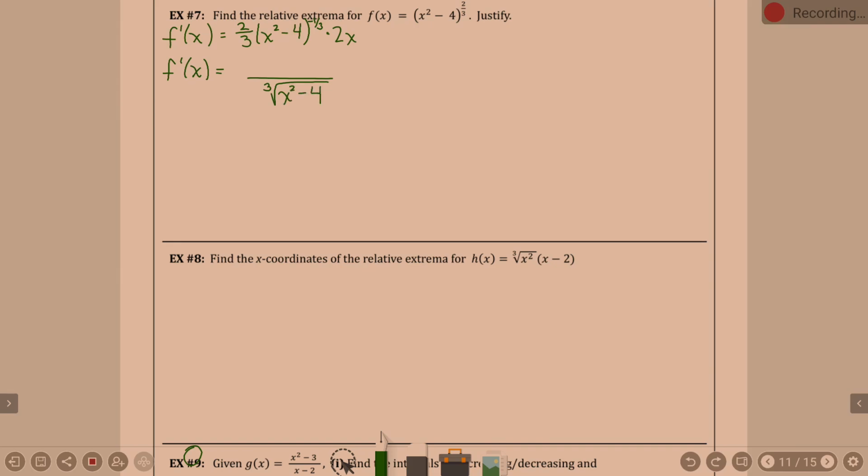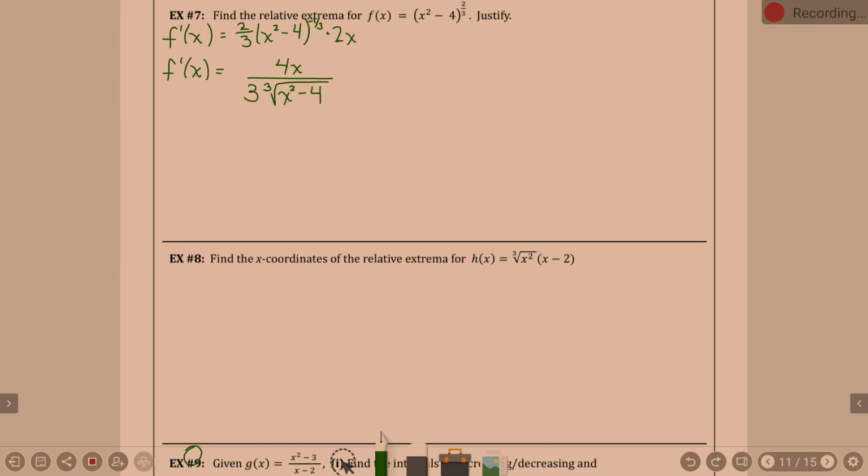And then what about the rest of this? 2x is on top, as well as 2. 2 times 2x is 4x, and the 3 ends up on bottom. Okay? It looks a little bit neater that way, and more importantly, it's easier to work with.